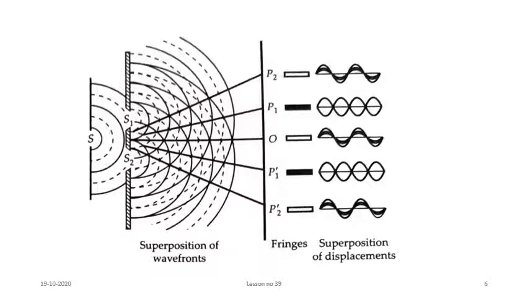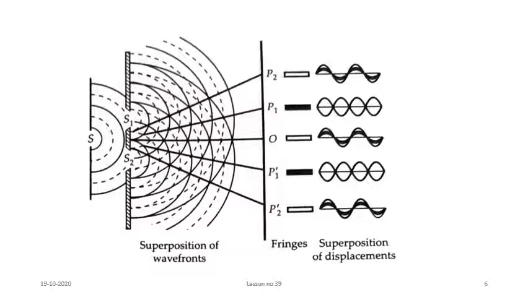Therefore, S1 and S2 will act as secondary sources for the light waves. Fine. Now, in your figure, the solid curve represents your crest and the dotted curve represents your trough. Crest means the upper part of the wave and trough means the lower part of the wave.